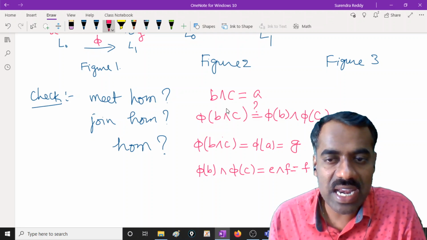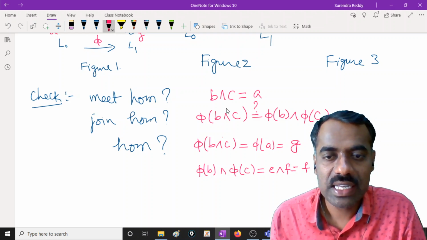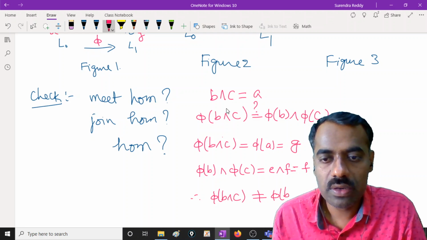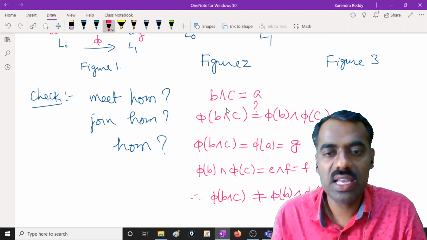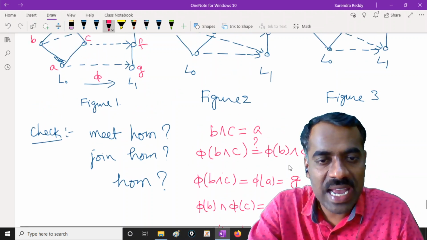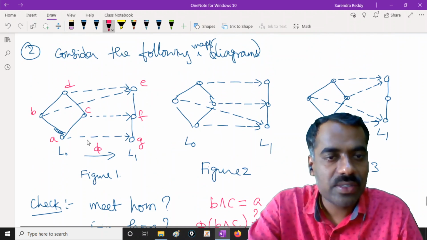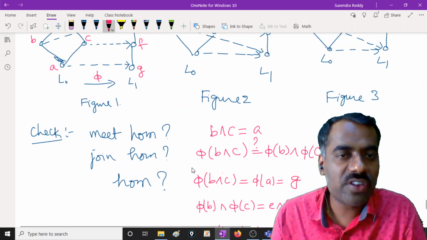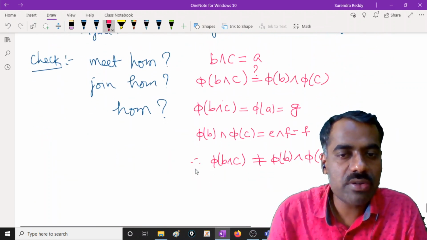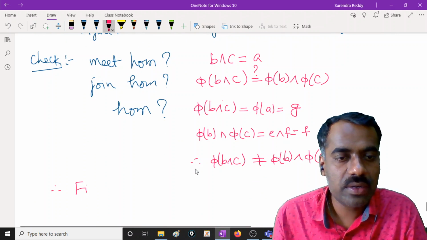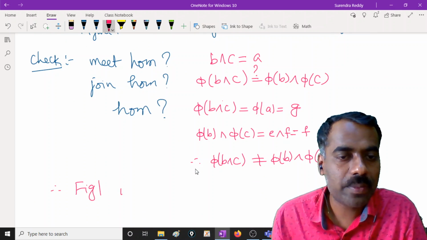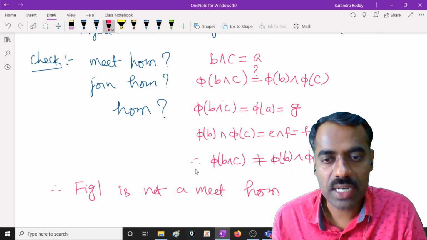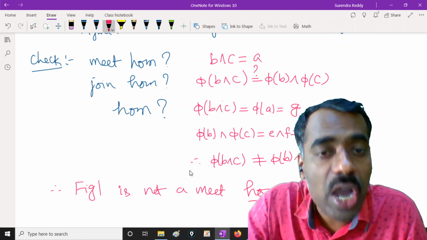So because G and F are different, what you observe is that this is not equal to phi of B meet phi of C. Are you following? So at least for two elements, you have seen that this meet is not working. So therefore this figure 1, whatever map we are having, is not a meet homomorphism, right?